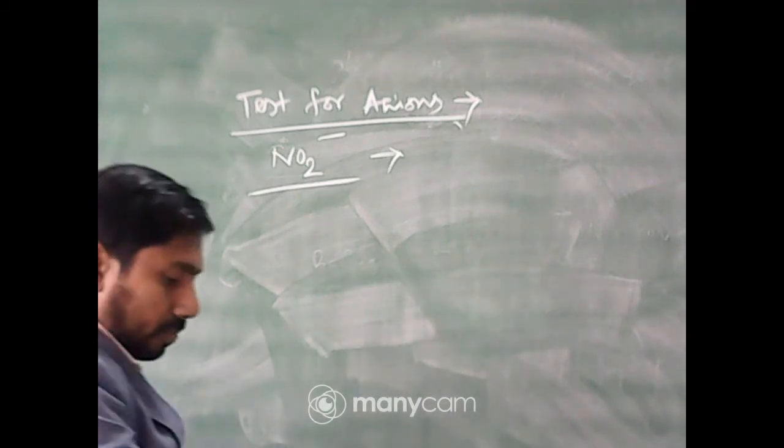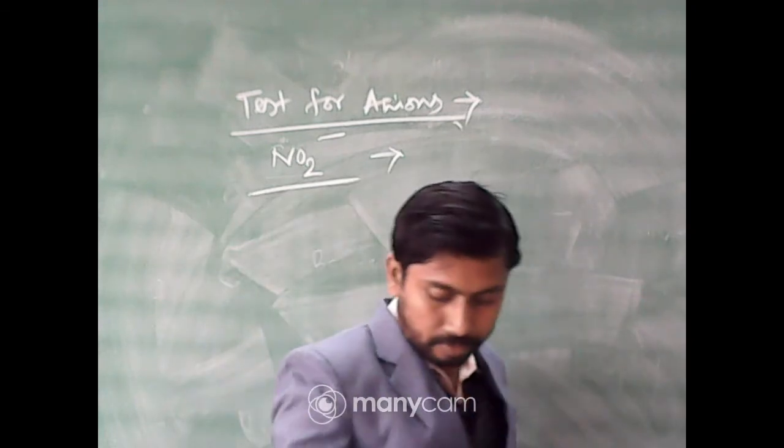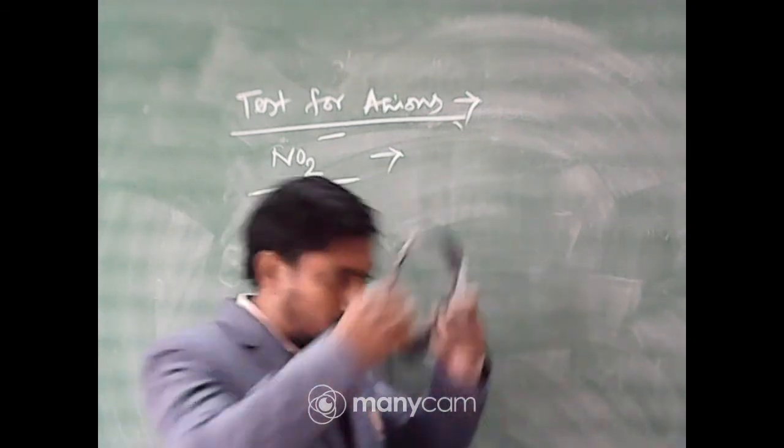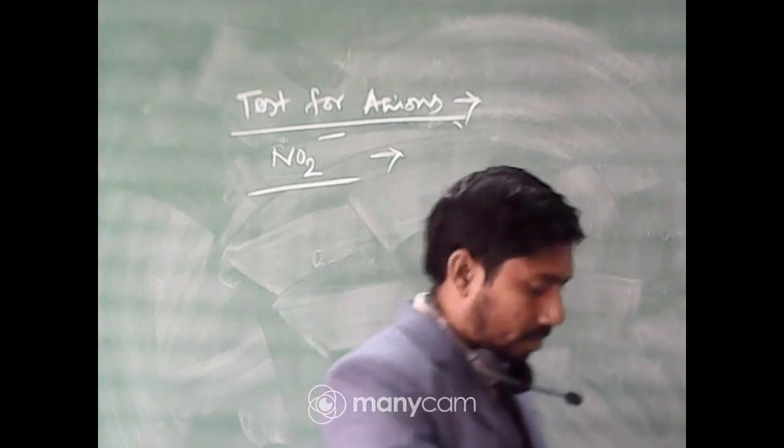First add acetic acid and then ferrous sulphate.